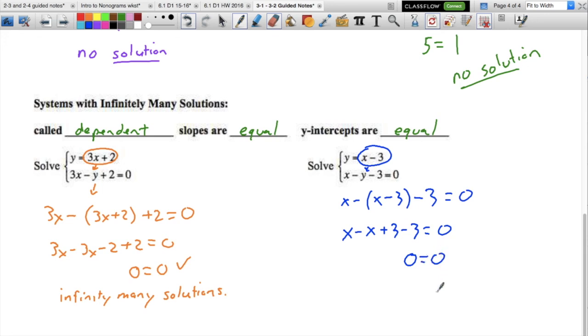It doesn't have to be 0 equals 0. It could be 3 equals 3, 10 equals 10. Anything that's a true statement, we'd say, okay, that's true, but we don't have an x anymore, so that's infinitely many solutions. Because we got a true statement, there's no more x, there's no more y, everything's gone.